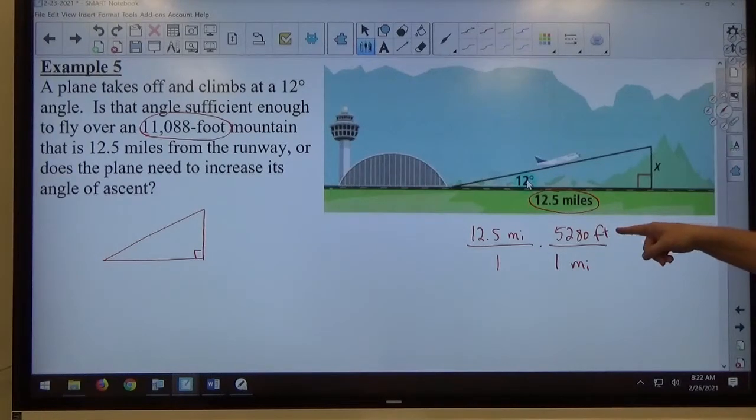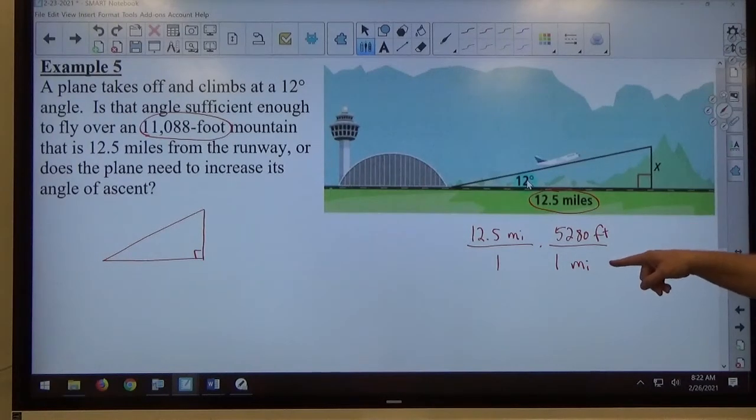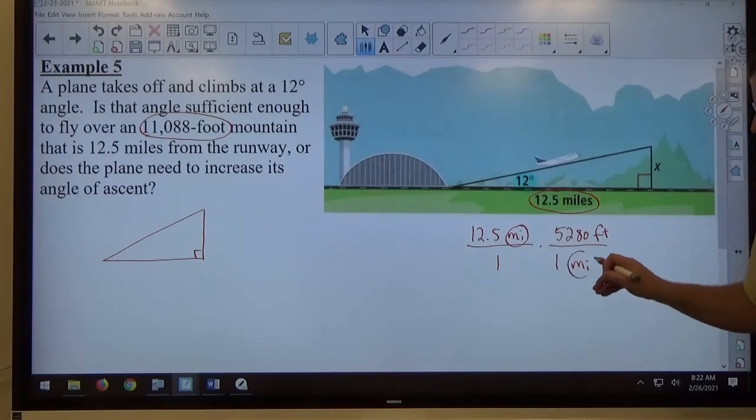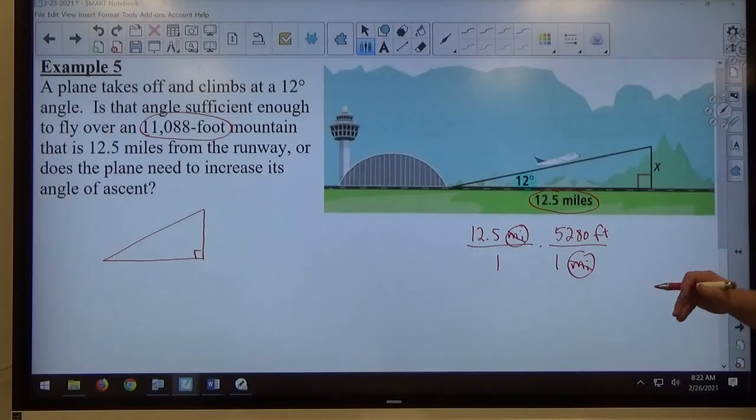Since 5,280 feet and 1 mile represent the exact same length, this fraction's value is 1. But if I cancel the unit of mile and the unit of mile, I'm now in the unit of feet. I'm going to have the proper units of feet with the correct number of feet.